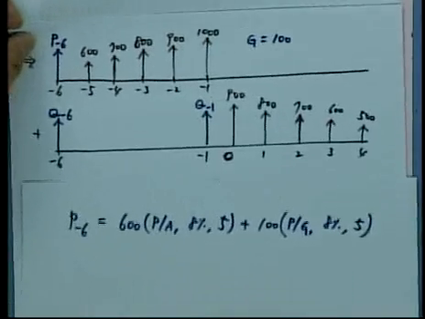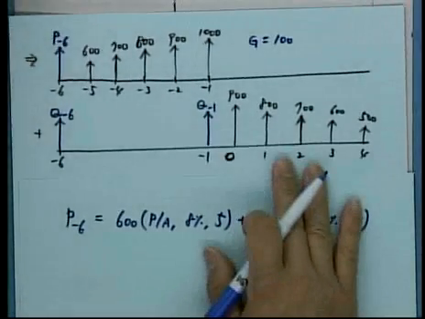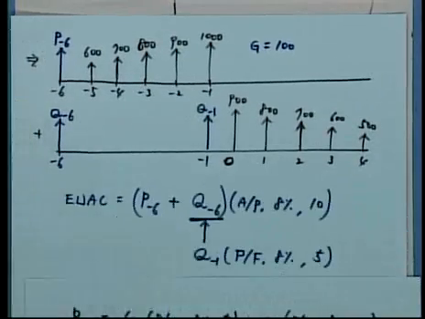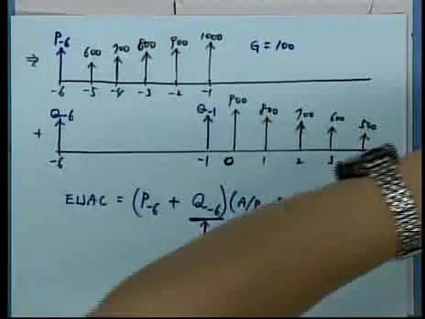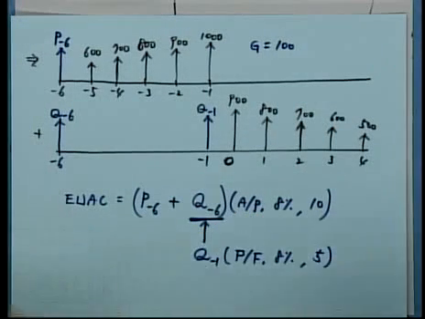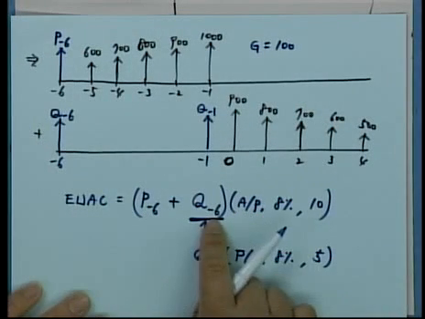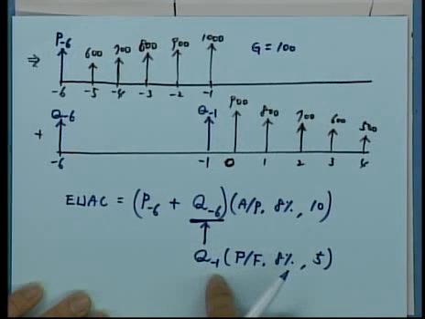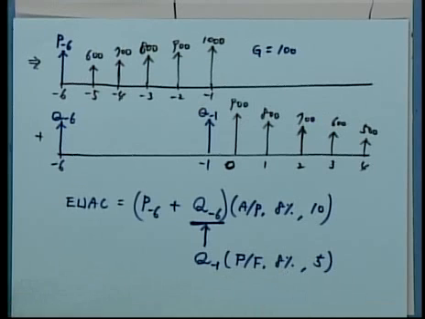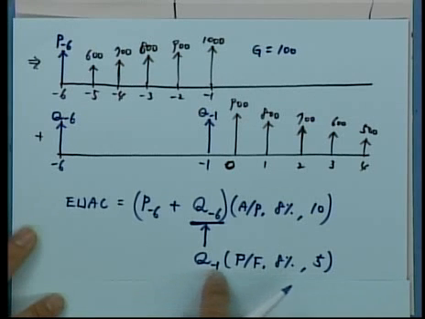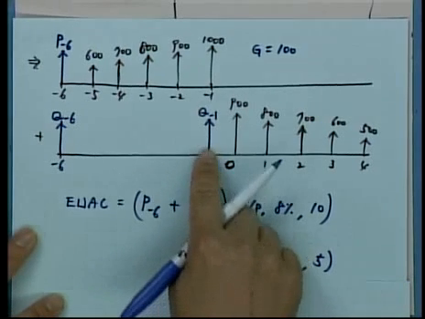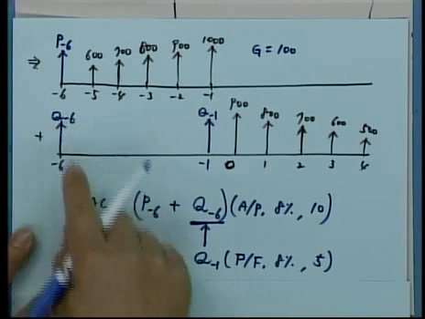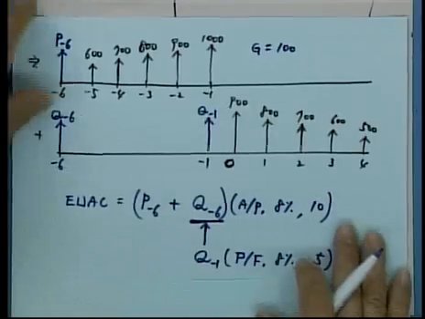Now, how about Q sub negative 6? In order to compute Q sub negative 6, first we need to compute the Q sub negative 1, right? Once we get the Q sub negative 1, we can convert it to the equivalent present sum, which is Q sub negative 6, okay?